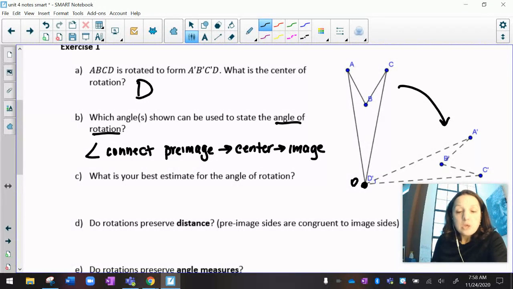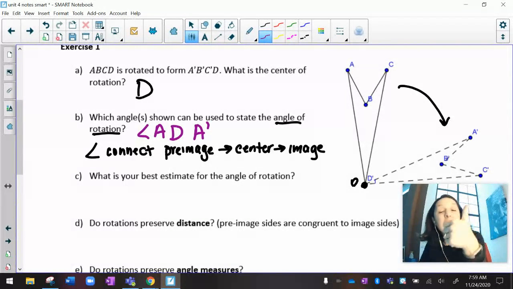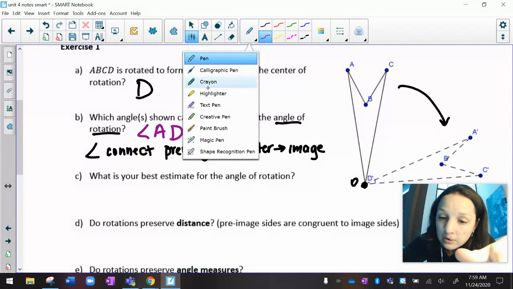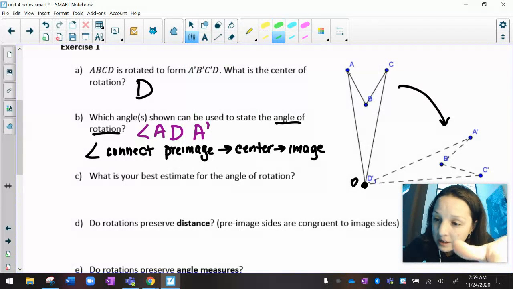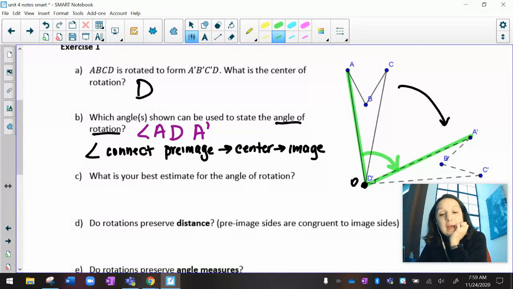So one of the angles we could use would be angle A, D, A prime. A is on the pre-image, D is the center, and A prime is on the image. So I'm going to connect A to D to A prime with a highlighter. And this thing right here is my angle of rotation.